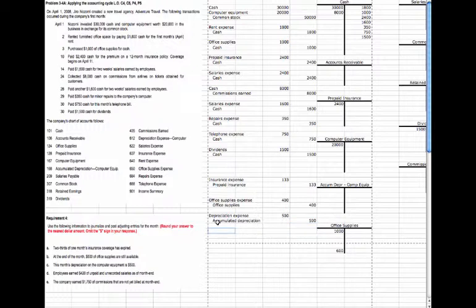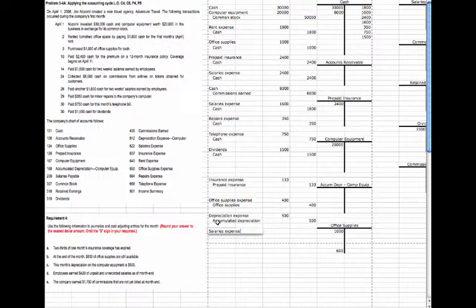Okay, the fourth adjustment that we're going to have to make says employees earned $420 of unpaid and unrecorded salaries for the month. So if we haven't paid them yet, we have a liability, and that liability is called salaries payable. But since we've also had the benefit of their work, we have to recognize an expense called salaries expense.